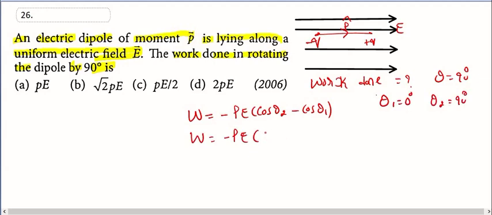What is cos 90? Cos 90 is 0. Cos 0 value is 1. So minus into minus gives plus PE. That is, option A is the right answer for the 26th.